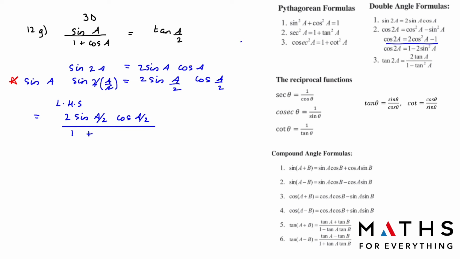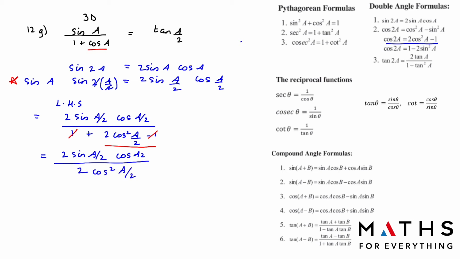That's why we can write it as 2 cos square A over 2 minus 1. This whole thing is equal to this. The 1 minus 1 is cancelled. Now what do we have? We have 2 sine A over 2 cos A over 2 over 2 cos square A over 2.